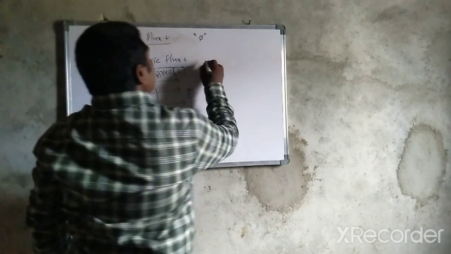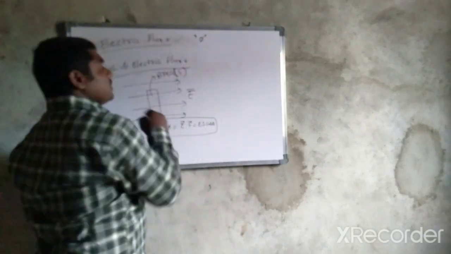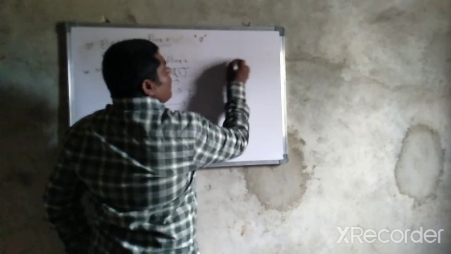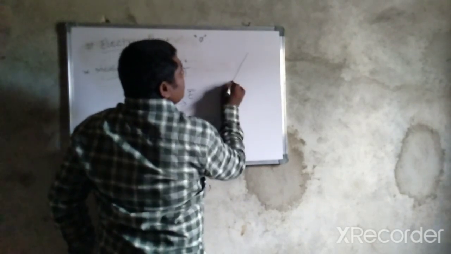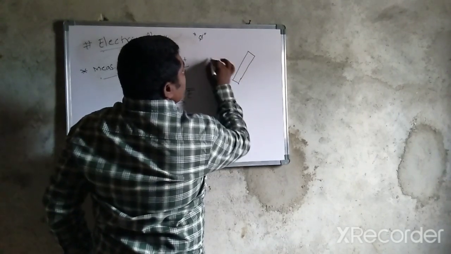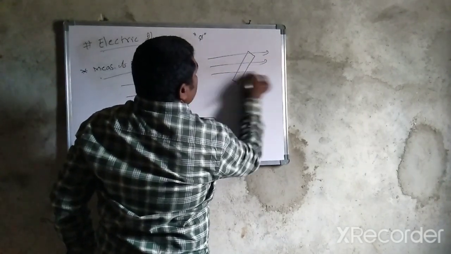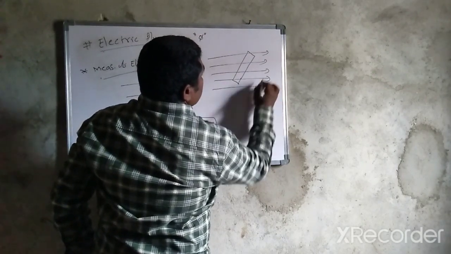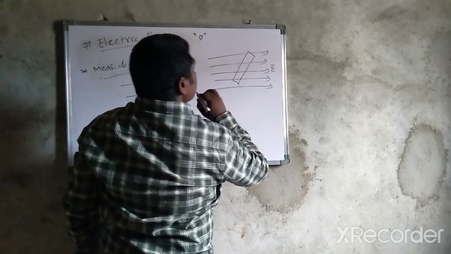Next, second one: let us consider that the area has some inclination like this. These are all uniform electric field.